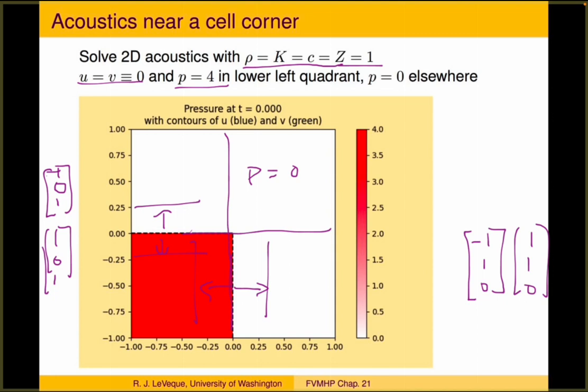And so you can easily work out that in each coordinate direction, if we stay away from the corner at least, the solution is that you end up with two waves, and in between the two waves, the pressure has the value 2, halfway between 0 and 4, and the velocity is also equal to 2, the velocity in the direction of propagation.